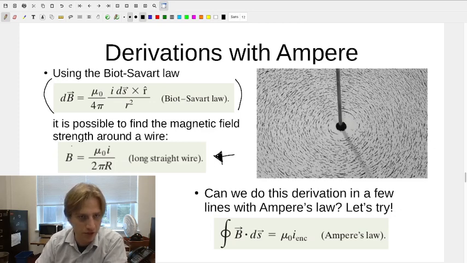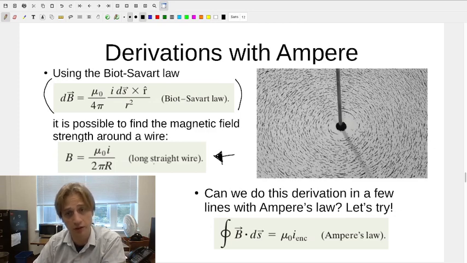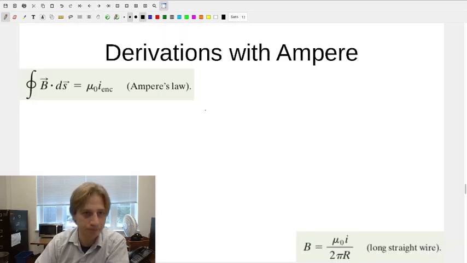For instance, it took us quite a bit of work to get from the Biot-Savart law to the expression for the long straight wire. We had to do some integrals and stuff. But I bet that we can do this derivation so quickly when we have Ampere's law. So let me show you what I mean.